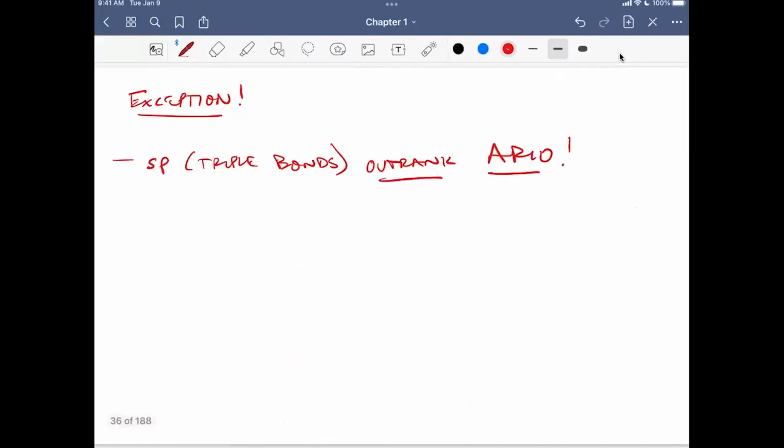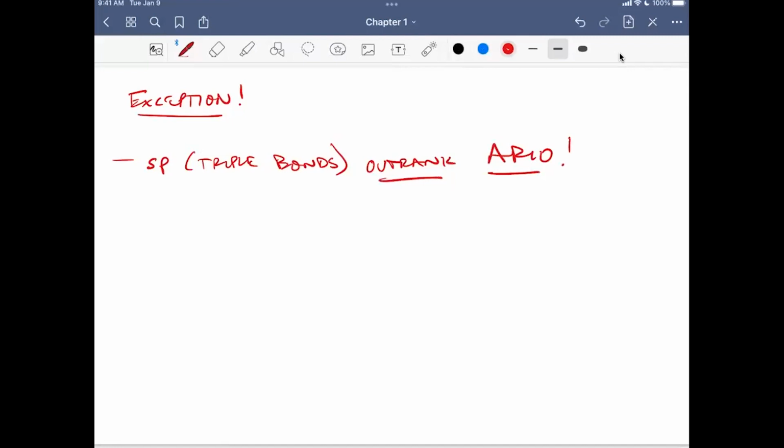Okay. The one exception to this is if you have a hydrogen or a compound that has a triple bond, that outranks anything in the ARIO, and that's really the only exception you'll learn in organic chemistry. There's other exceptions but this is the only one you really have to go over.